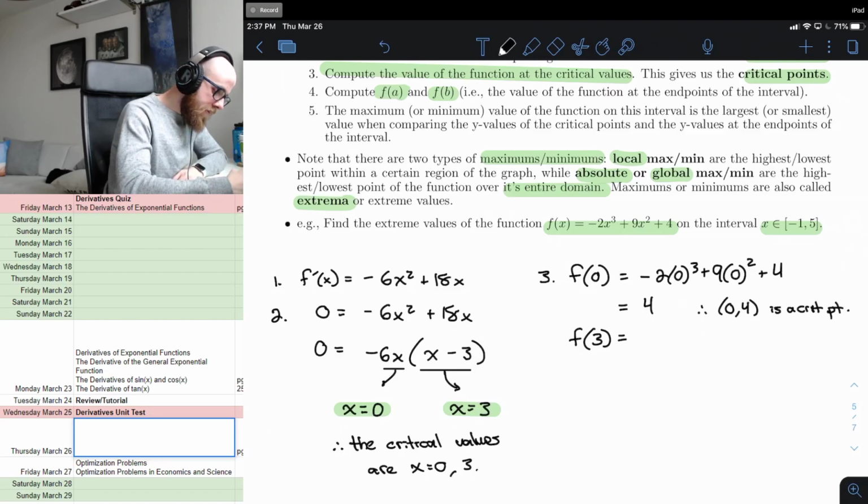Okay, and we'll do the same thing for 3. So negative 2 times 3 cubed plus 9 times 3 squared plus 4. So that's negative 2 times 27 plus 9 times 9 is 81 plus 4.